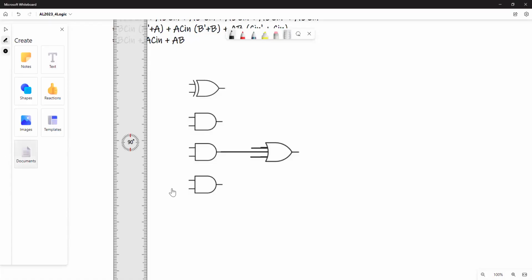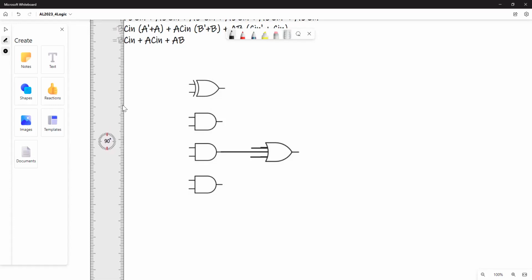To draw the circuit, we need one exclusive OR gate, and then three AND gates and one OR gate. So the inputs are A, B, C.